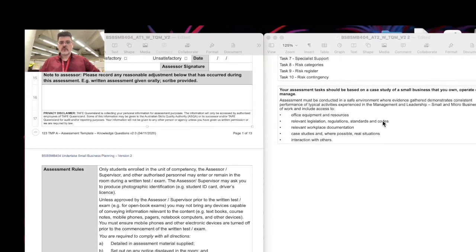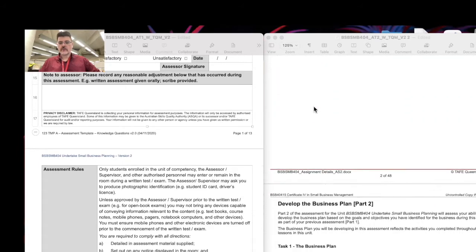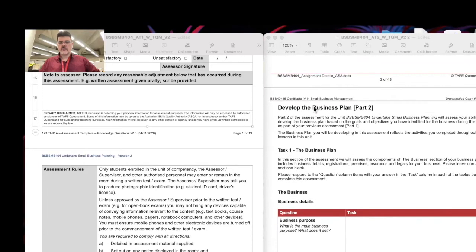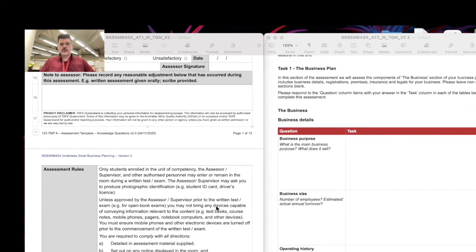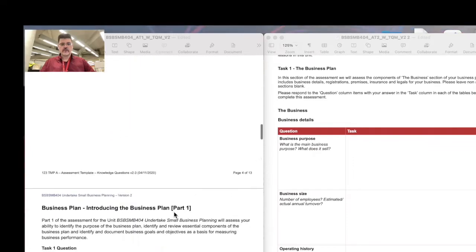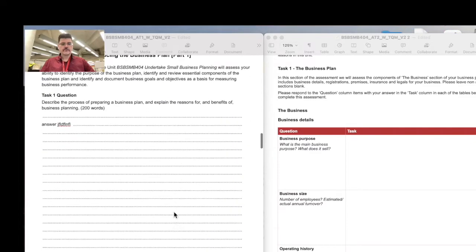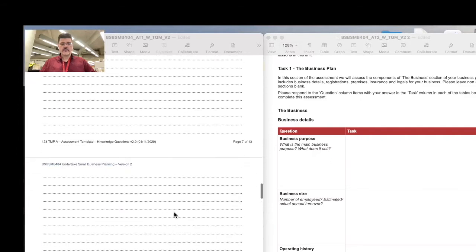When you get a little further down, so we'll just skip forward to the next page, so develop the business plan, part 2. So you'll recognize this section here will start to look a bit like the section that you completed in the other unit. Let's have a little look. I'll just move forward, and it was towards the end of it.